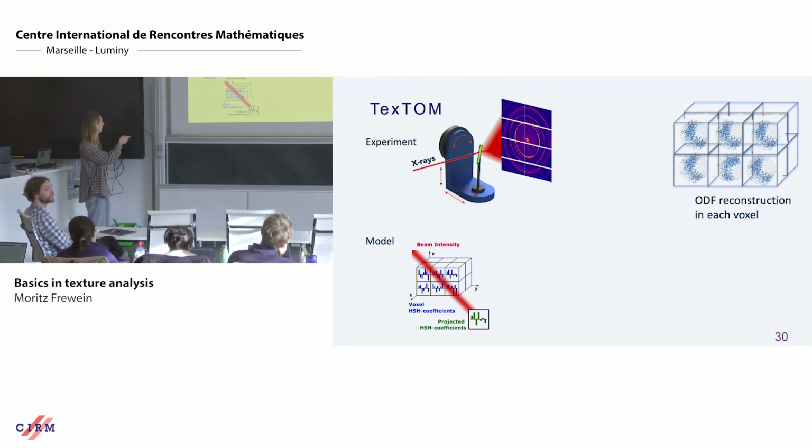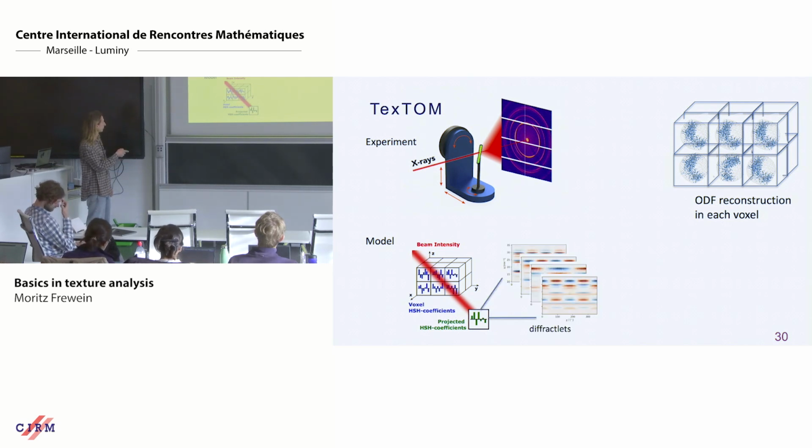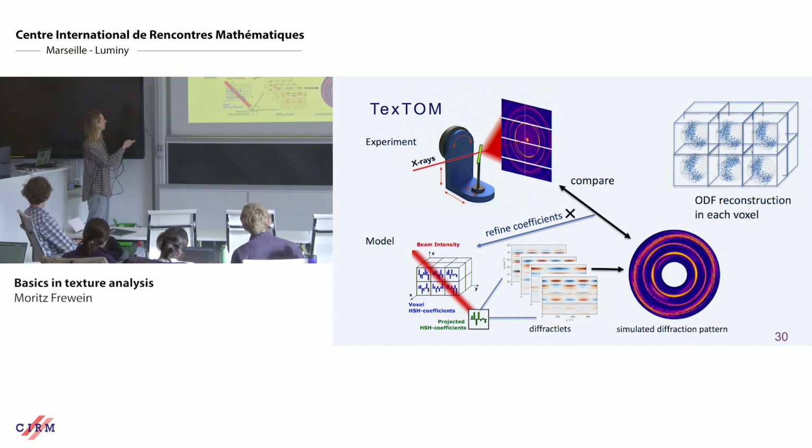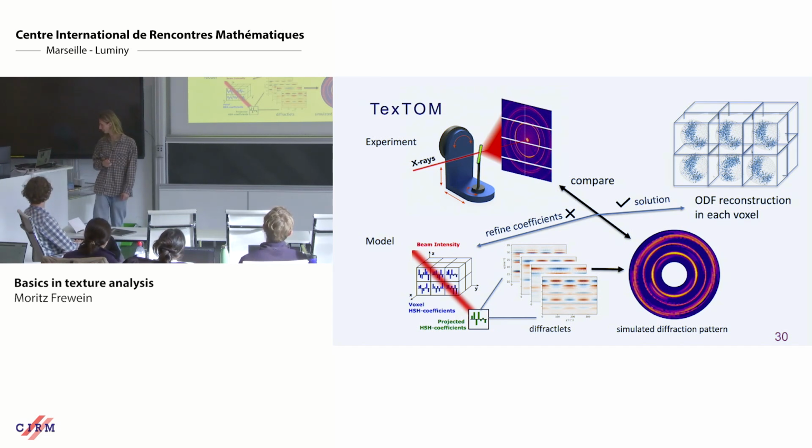For example, we make an initial guess, then we project. We get the coefficients that correspond to this path of the beam. This gives us how we have to combine our diffractlets to make the simulated diffraction pattern. We compare this, and if it doesn't fit, we refine our coefficients. Else we get to our solution of the orientation distribution functions.